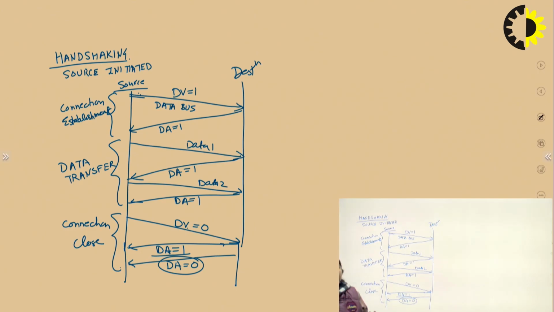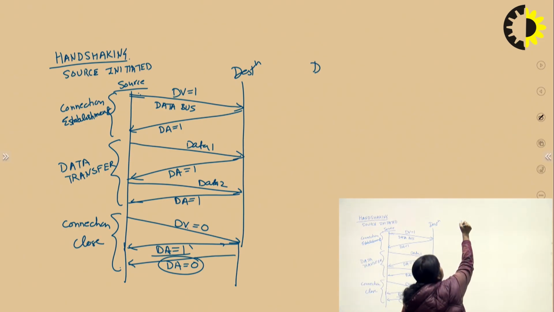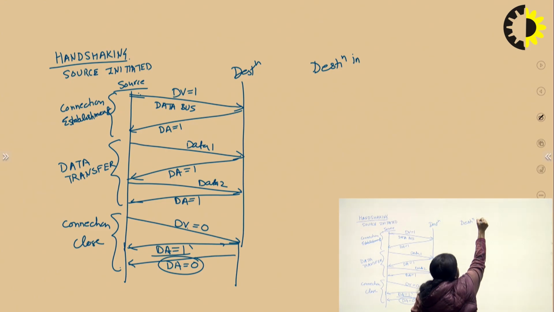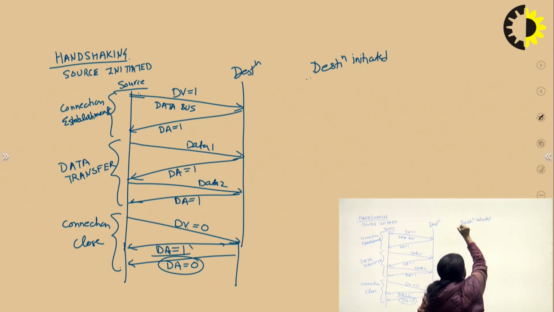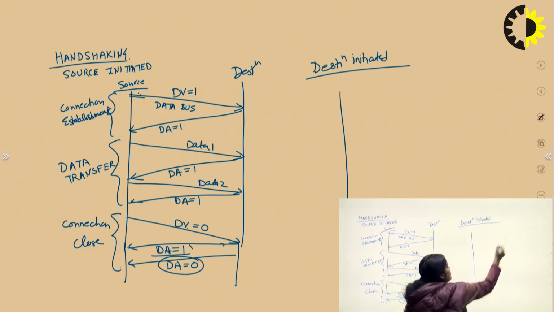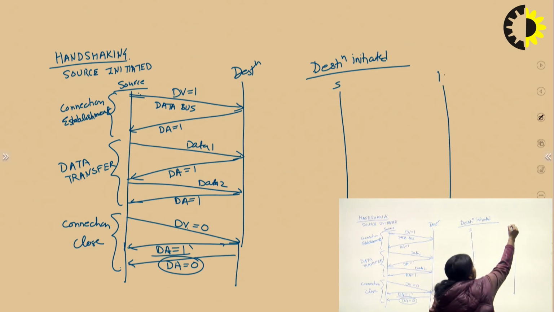Those are the 3 phases of the handshaking method. In the handshaking method, always remember, there is always an acknowledgement from the second party. Whenever you communicate from one component to the other, there is always an acknowledgement. Like this, in source initiated, the source starts the communication and the source closes the connection. Now, in destination initiated communication, the same procedure will be followed between source and destination.